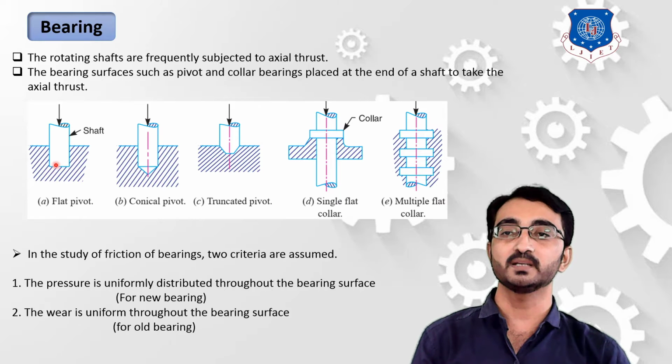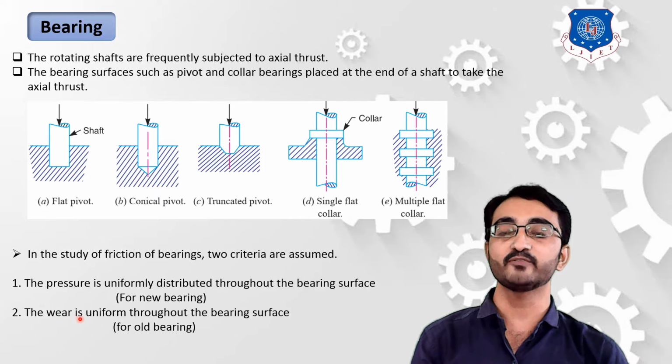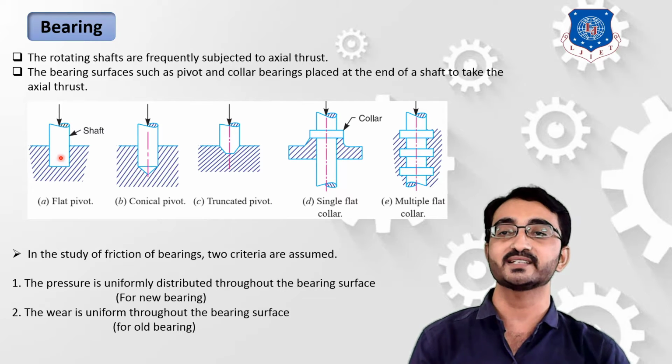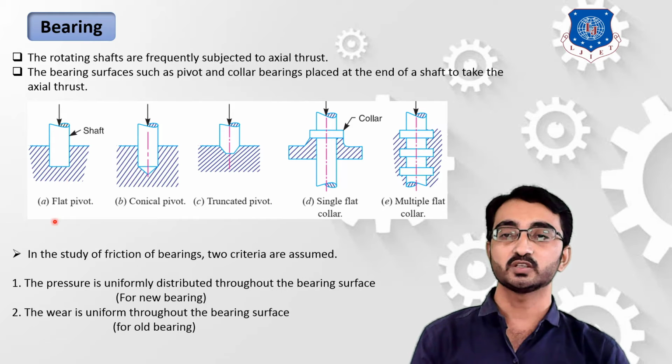It may be possible that at certain positions the pressure will be high and at certain positions it will be low. In that case we have to assume the second theory, which is known as the uniform wear theory. Over there we assume that the entire contact surface between this shaft and this bearing has uniform wear. So these two criteria are very important while designing a bearing.